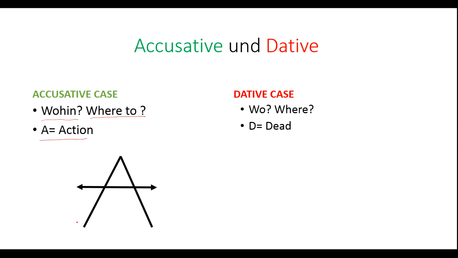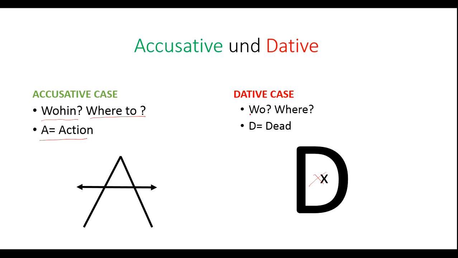A is action. We use verbs like gehen, fahren that show action. D is wo, where, basically about the place. An action verb is one that changes your place, like gehen, fahren. You start from somewhere and you reach somewhere else. For the dative case, wo, where exactly your position is now.